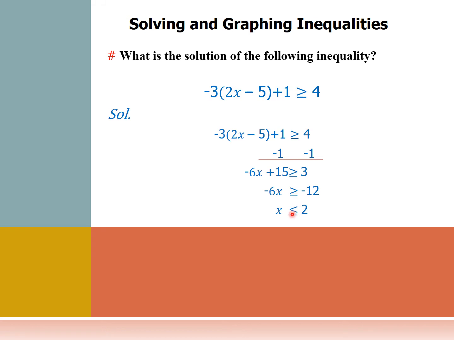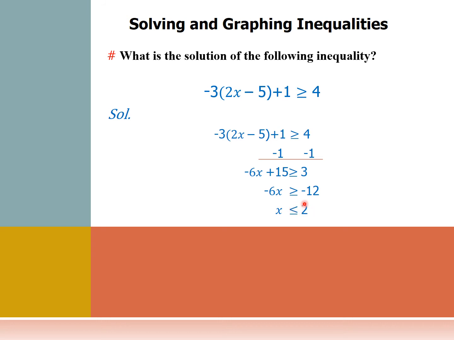So negative 6x over negative 6 is x, and negative 12 divided by negative 6 is 2. So x is less than or equal to 2.